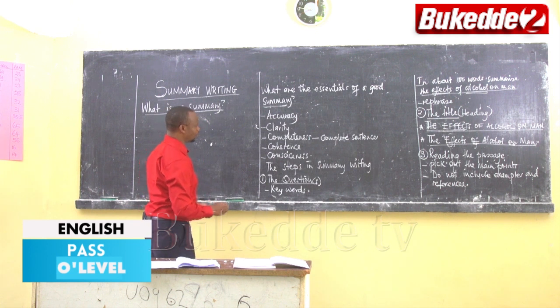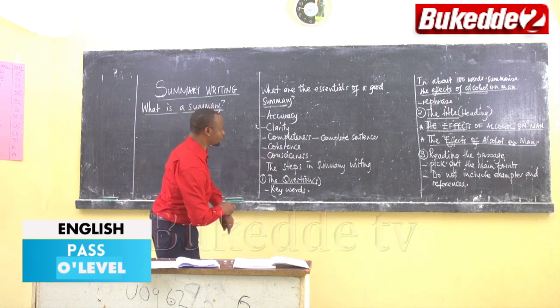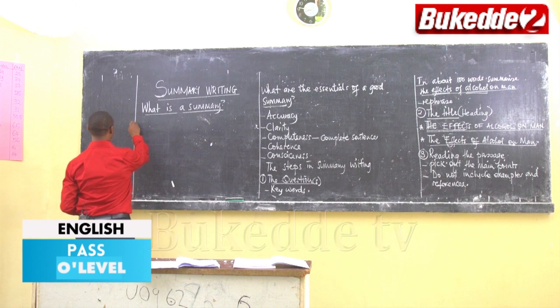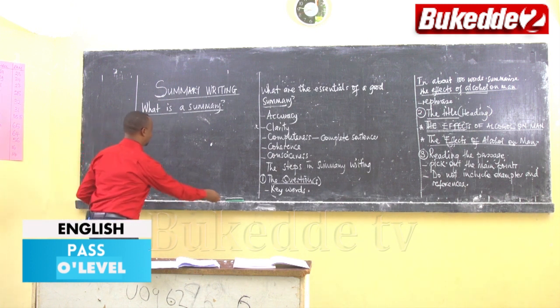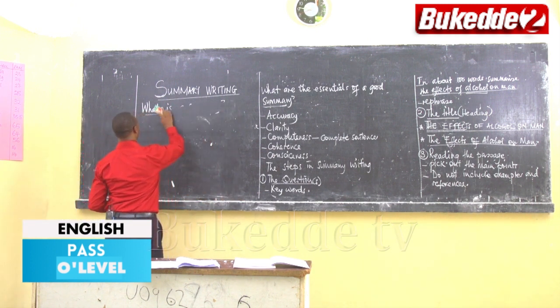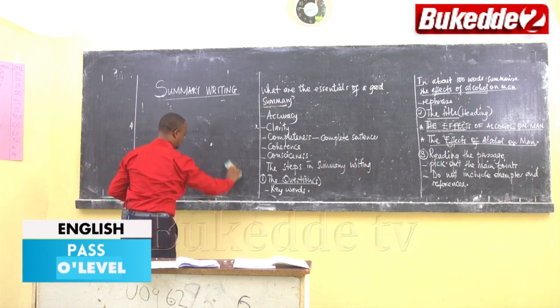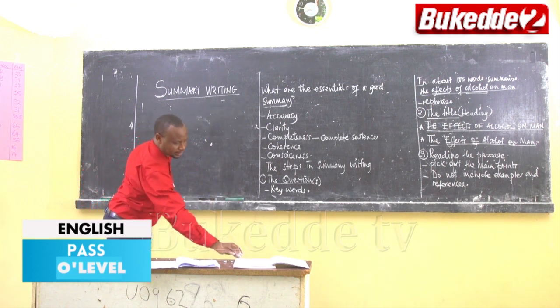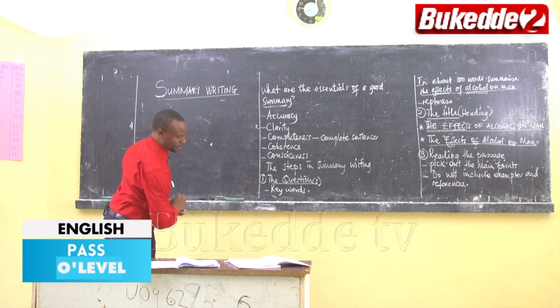After identifying your points, that brings us to the 4th essential aspect of summary writing. And that one is writing the rough copy.